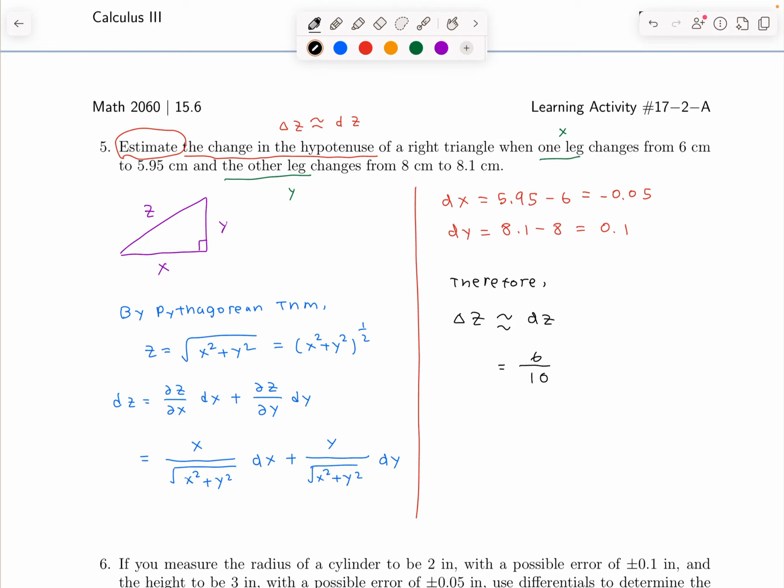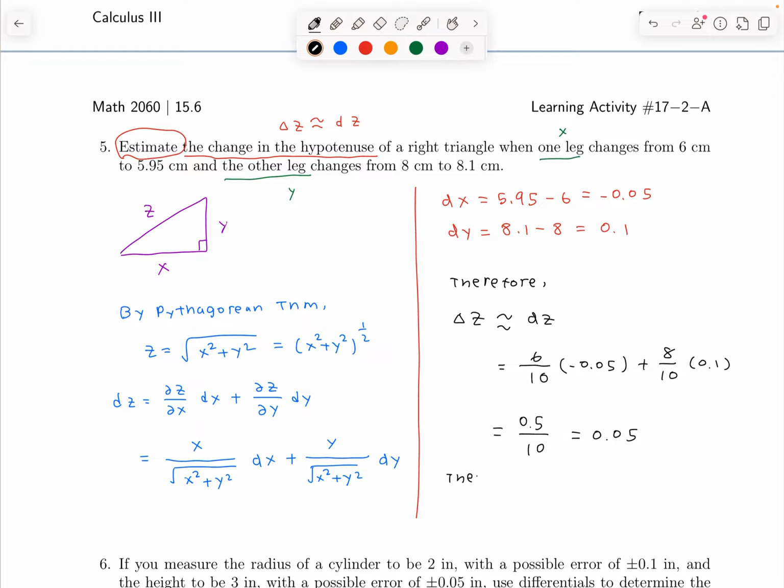So 6 over 10 times negative 0.05 plus 8 over 10 times 0.1. The numerator is negative 0.3 plus 0.8, so 0.5, and that would be 0.05.